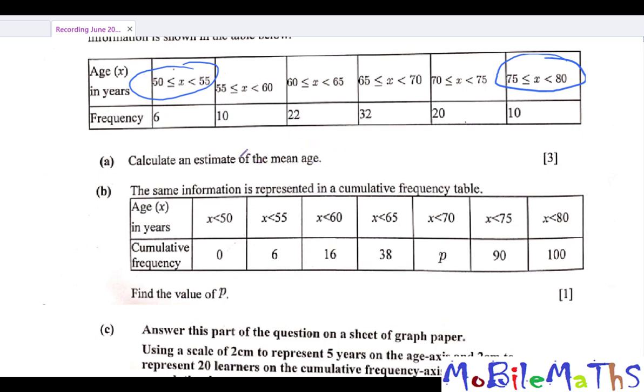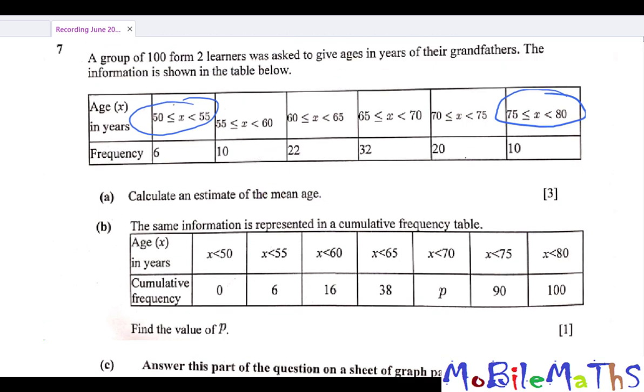What we have to do is first find the average of each age range. So you say 50 plus 55 divided by 2. That's our mean age here. I get 52.5. For this one, I get 57.5.